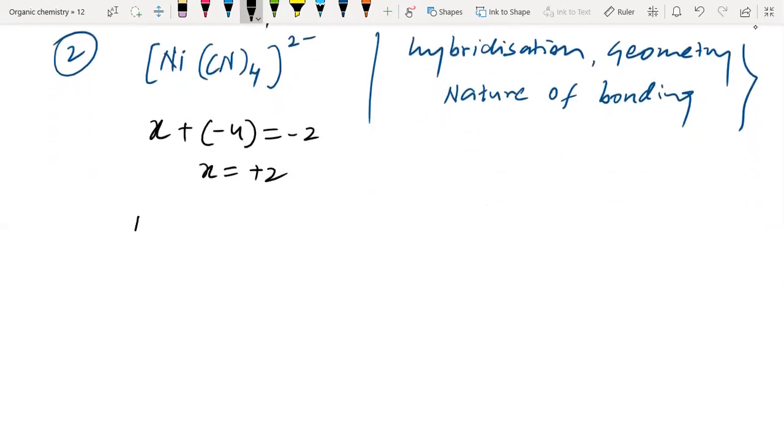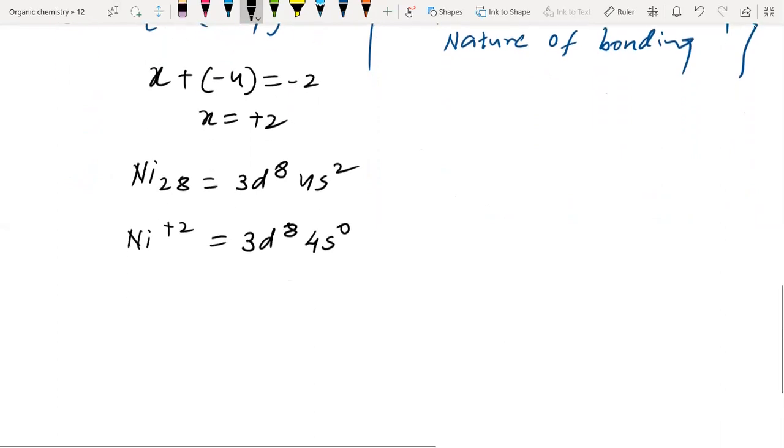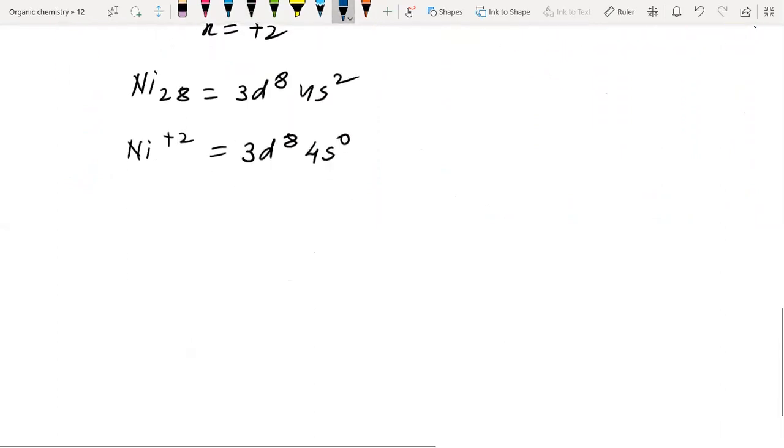The electronic configuration for nickel, atomic number 28, we can write as 3d8 4s2. But as we see, the oxidation number is +2, so the electronic configuration becomes 3d8 4s0. We'll start writing orbitals now.